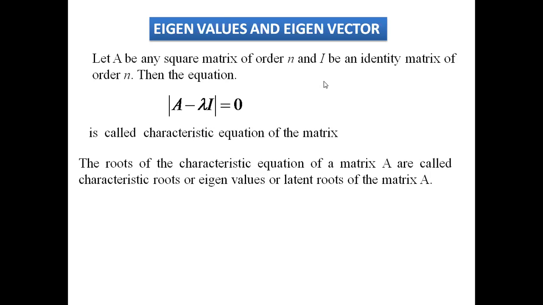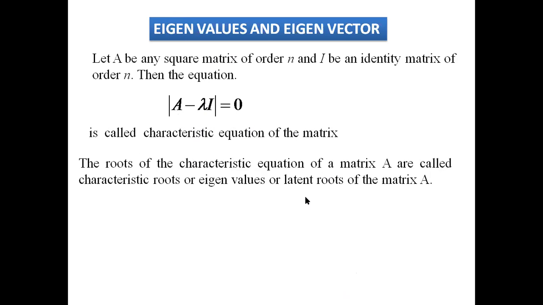The meaning is the same: you only get the solution of this polynomial in terms of lambda. That means find the roots of this, they are called eigenvalues. Now, if it is of order n, there will be n eigenvalues.